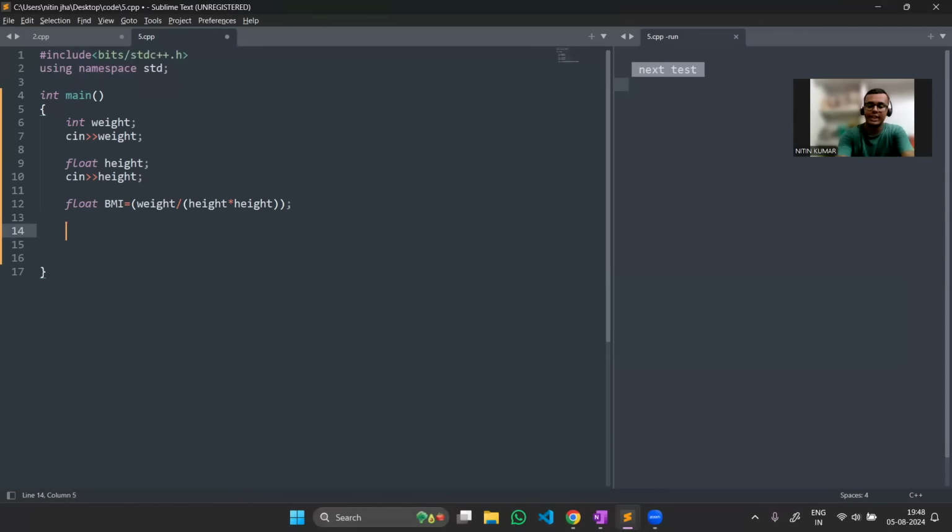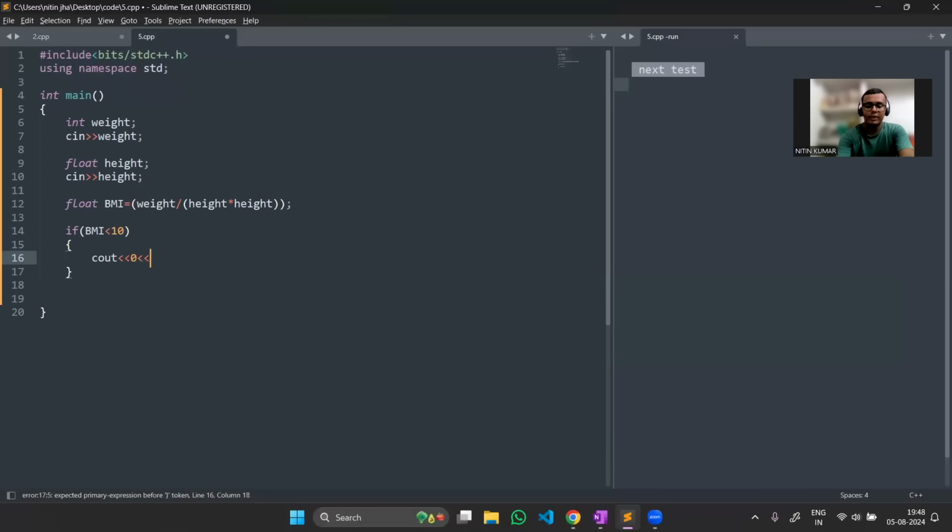Now we just have to check within the condition: if the BMI is less than, what is the case? If it is less than 18, then we will print 0.